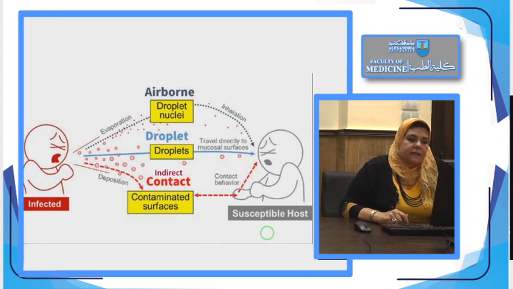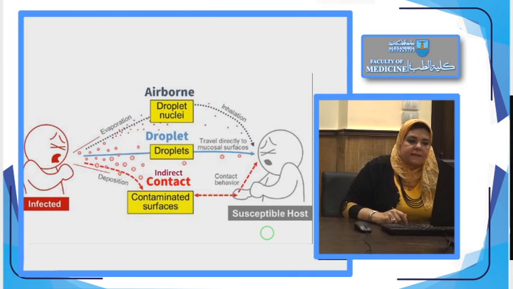The small sized droplet evaporates into the air, forming what is called the aerosol or droplet nuclei, which is inhaled by the susceptible host. And this type of transmission is known as droplet nuclei airborne transmission.